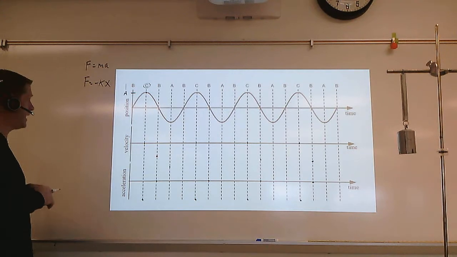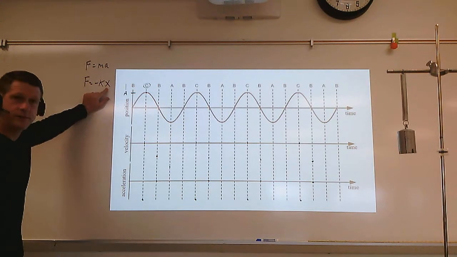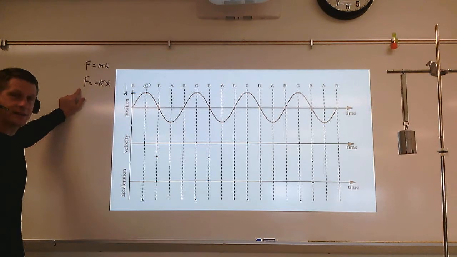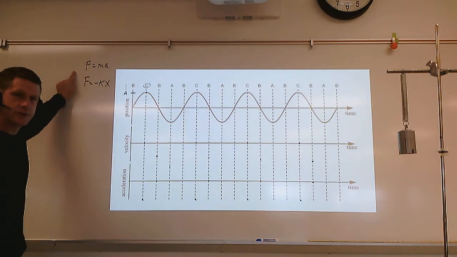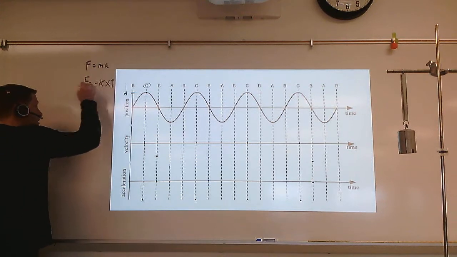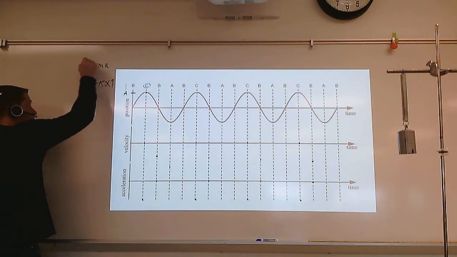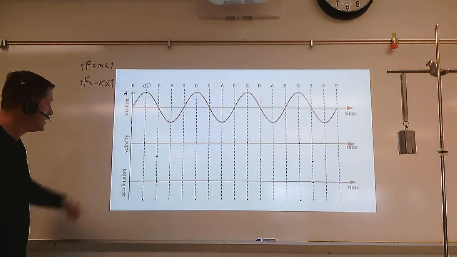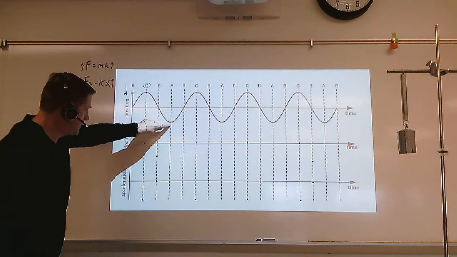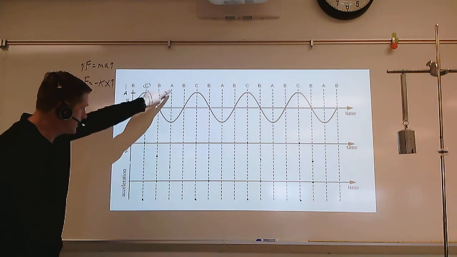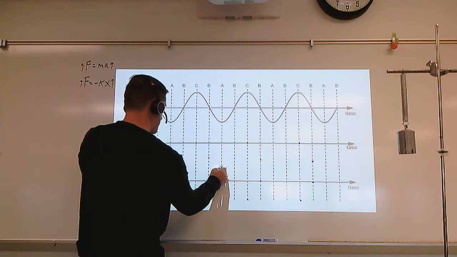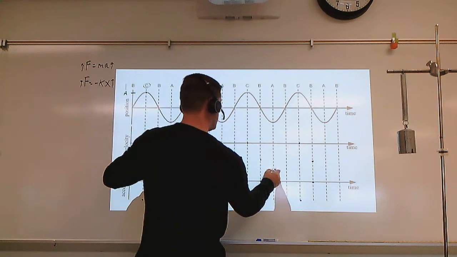How come? Again, negative of a negative gives us a positive force. Positive forces create positive accelerations. And big displacements create big forces, and big forces create big accelerations. So anytime we have the A here listed, we are going to have a maximum positive acceleration.